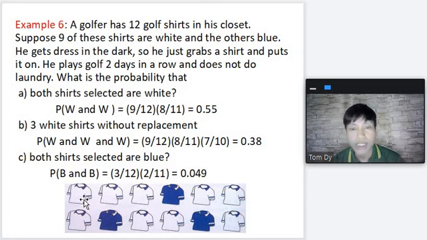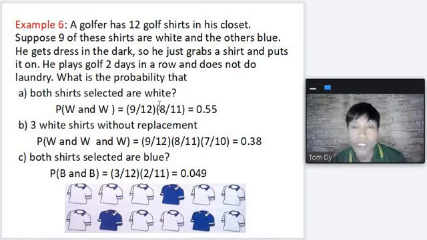So first selection is white. Since there are 9 whites out of 12, we have the probability of white and white. So first white is 9 over 12. And then after selecting one shirt, of course out of 9 it becomes 8, and the total now is 11.